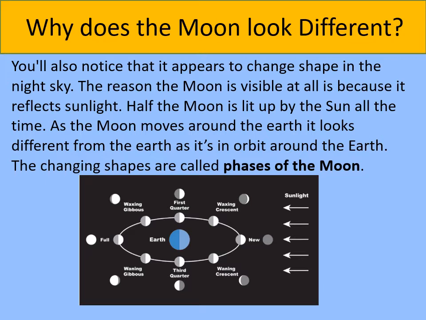The first circle is the inner circle of the Moon, and this diagram shows the actual illumination of the Moon by the sun. The circle on the outside with the outer moons represents our view of how the Moon appears from Earth in the night sky.